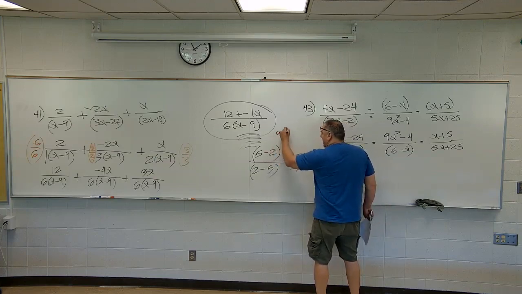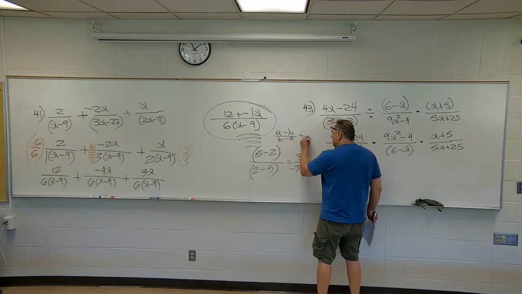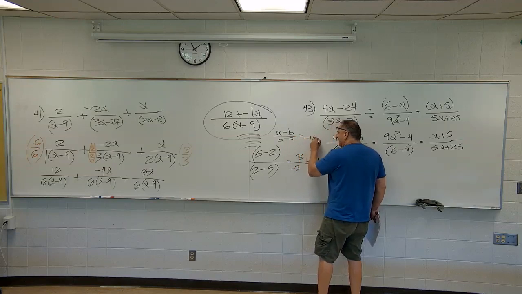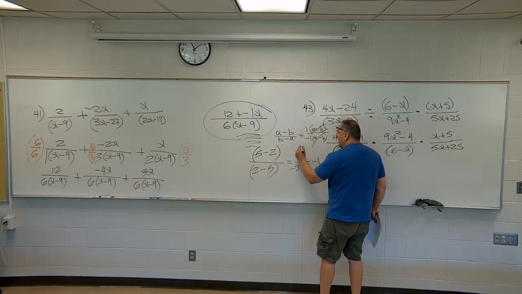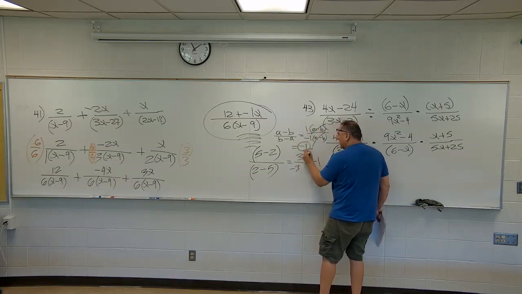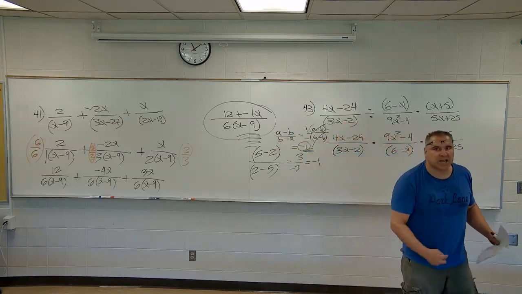If I got A minus B over B minus A, B minus A is really negative 1 times A minus B. And this is A minus B. That cancels, and you got 1 over -1, you got -1 as an answer. Whenever two things are reversed like that, when you do the ratio, it's -1.